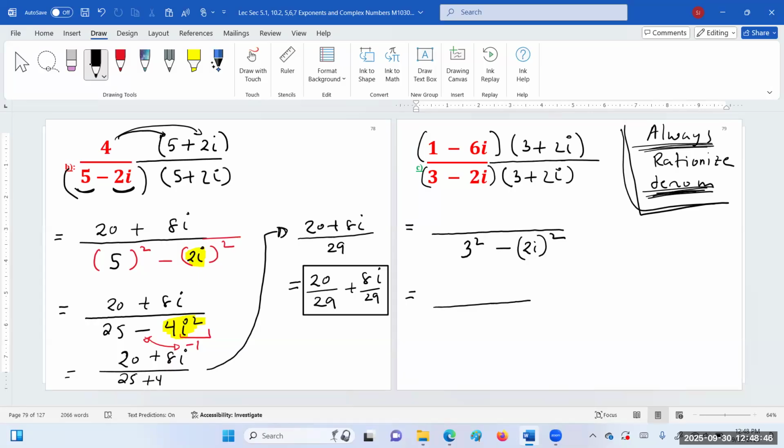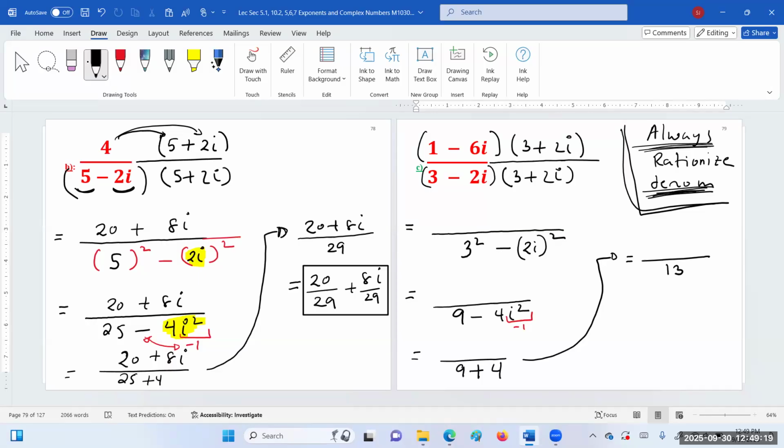You get 9 minus 4i squared, which is going to be 9 minus 4 times negative 1, then it will turn into 9 plus 4. So we're done with the denominator. We're happy.